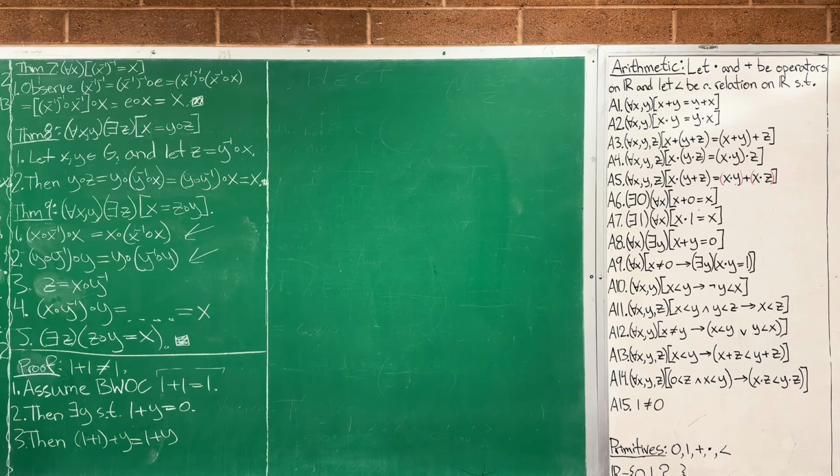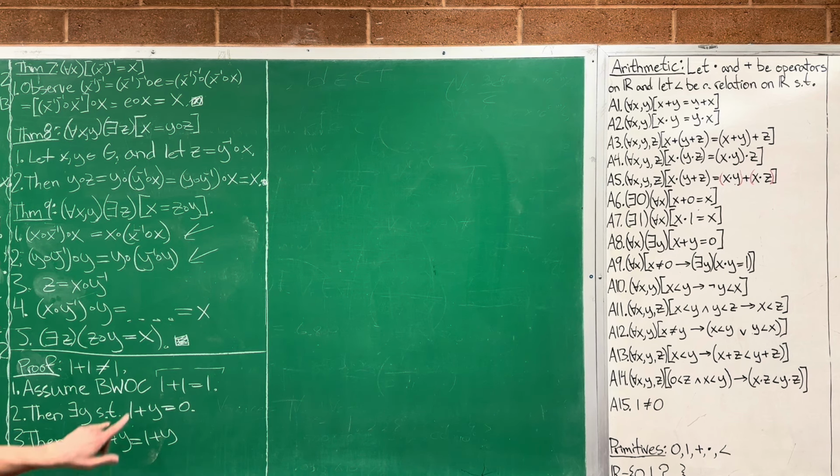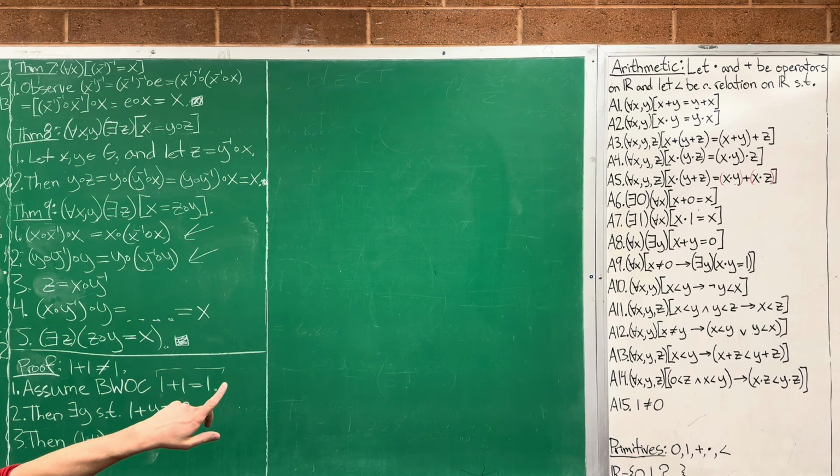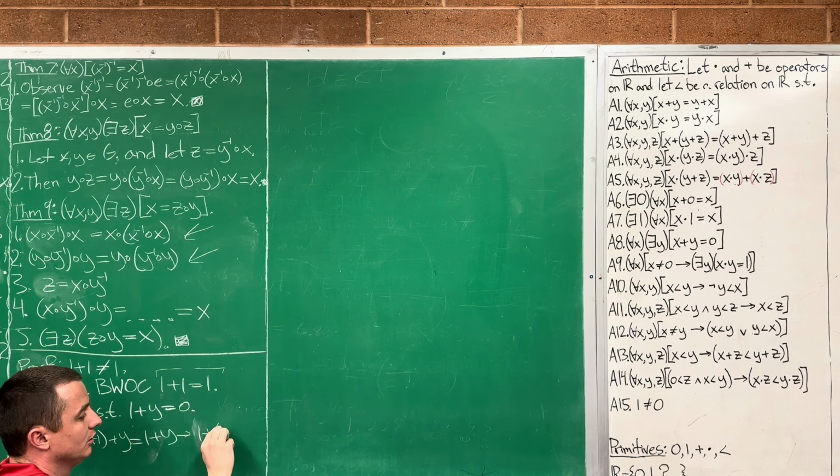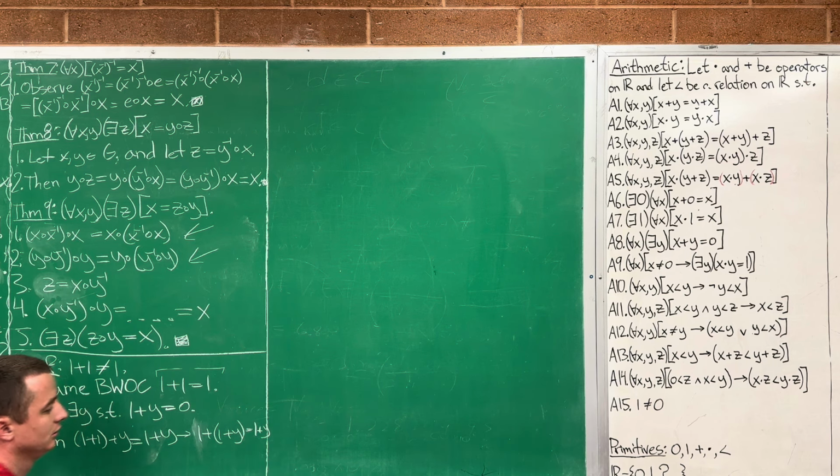Right. Now, using associativity, that's number 3 on addition, I can associate that with that. So this gives me that we can have 1 plus y is equal to 1 plus y.